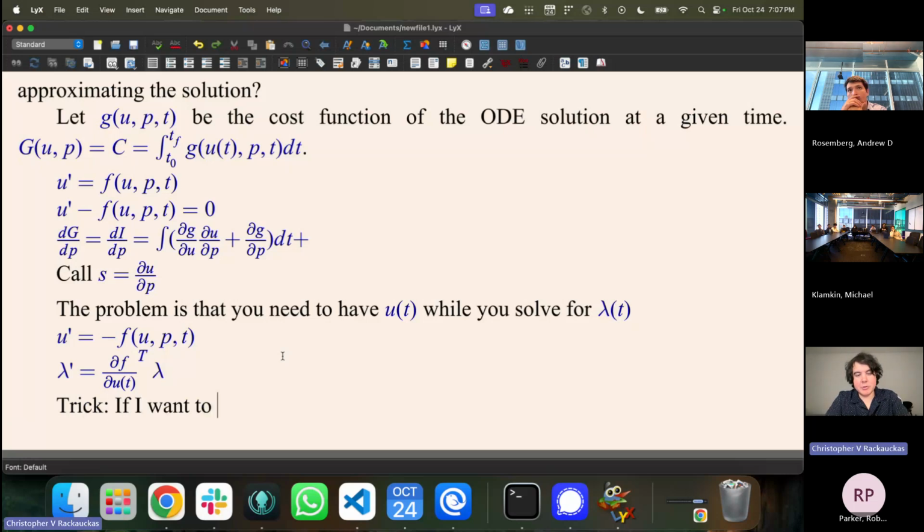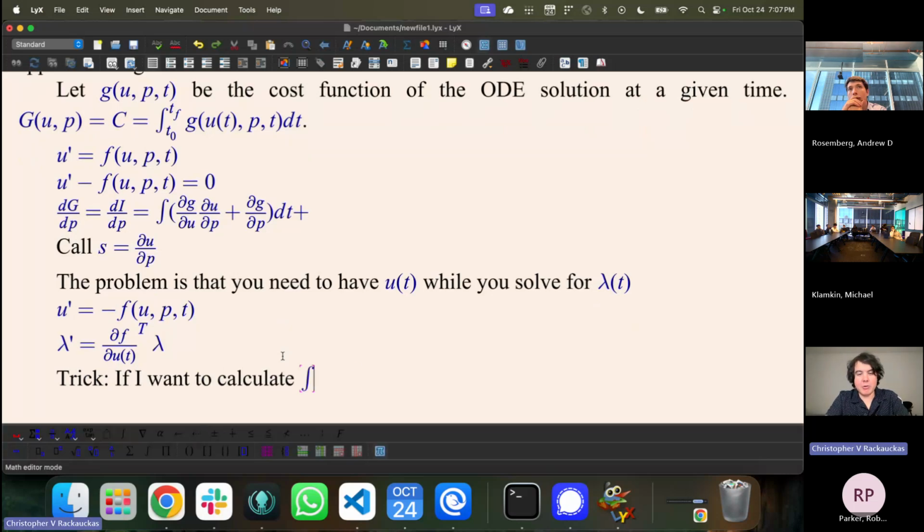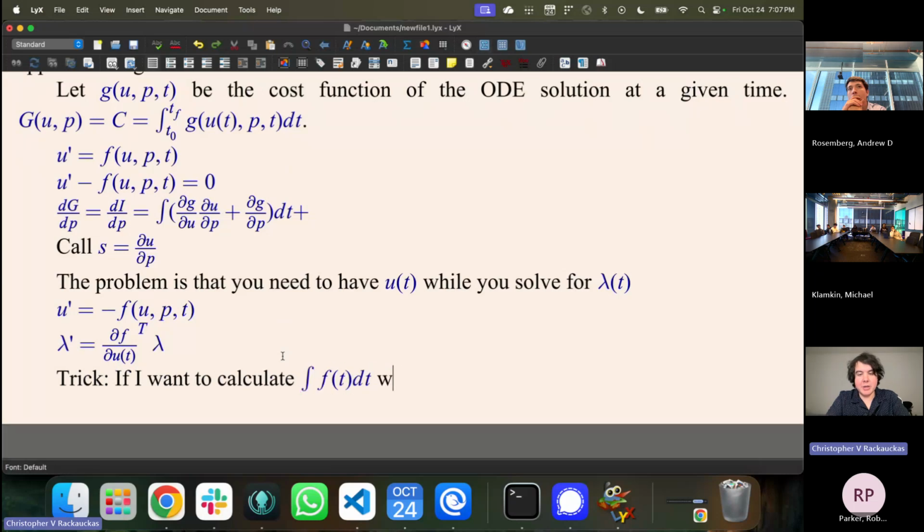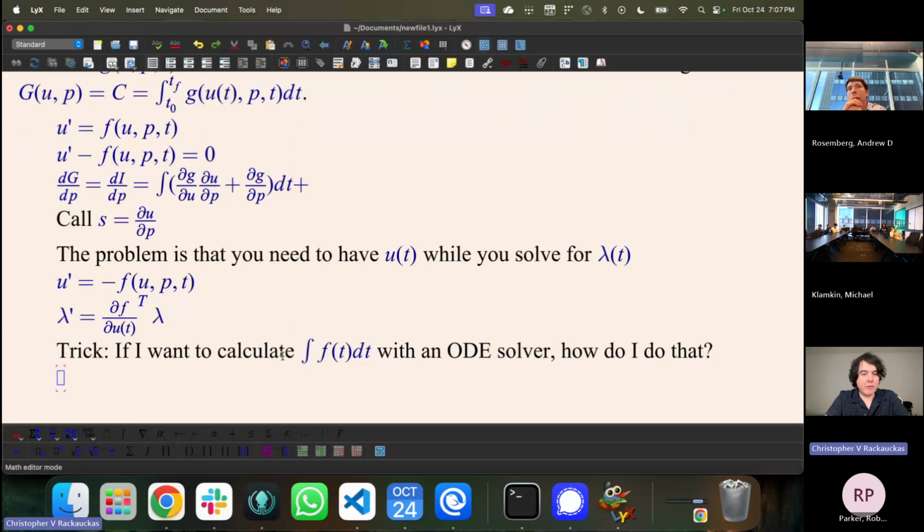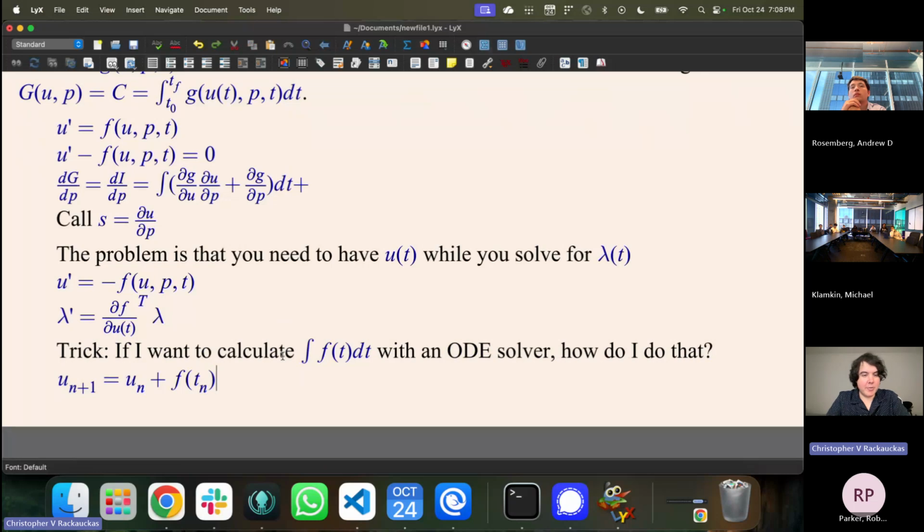if I want to calculate the integral of f of t dt with an ODE solver, how do I do that, right? How do you figure this out? Well, let's actually just write down Euler's method with this, right? So u_n equals u_n plus f of t sub n, right?